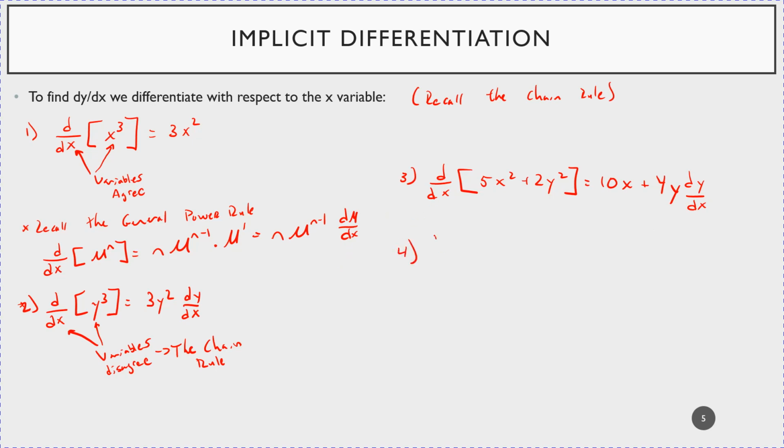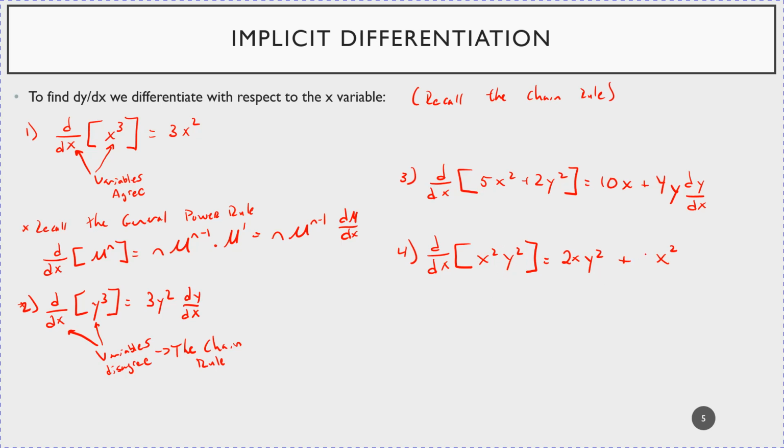It's the same thing here. Let's consider something with the product rule: x squared times y squared. I'm telling you to differentiate with respect to x. So you start with the first part, x squared. The derivative of that is 2x times y squared, plus x squared times the derivative of y squared.